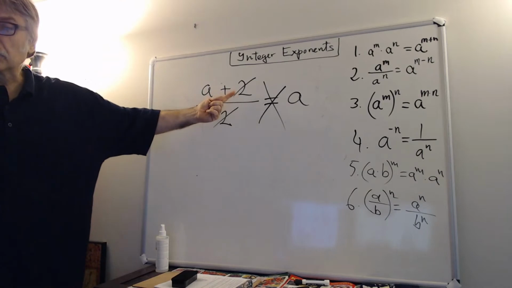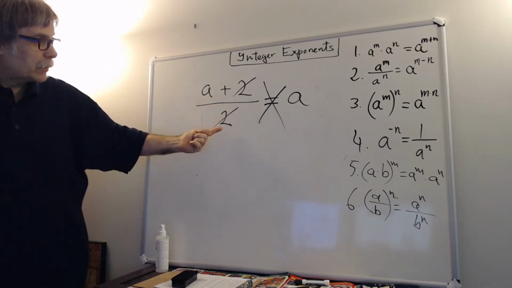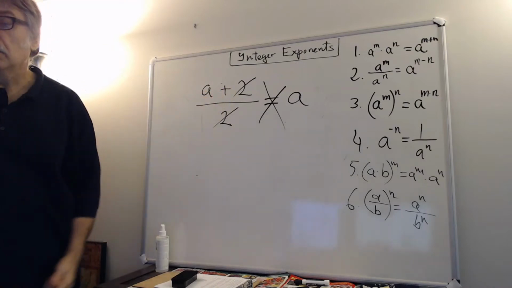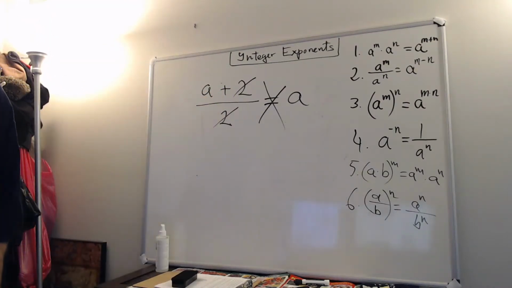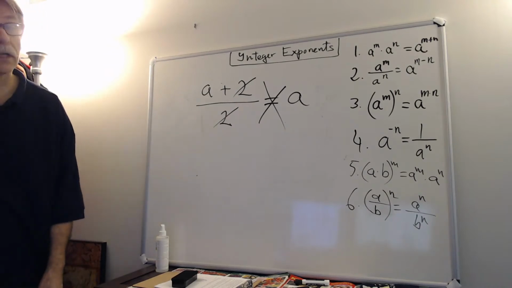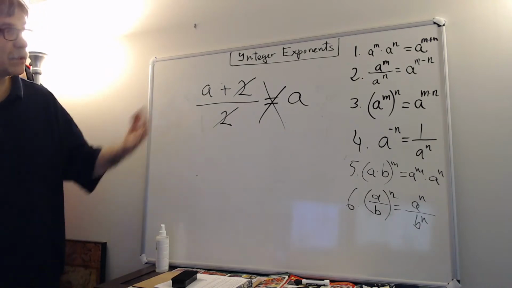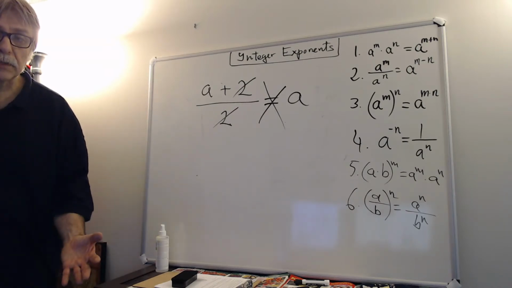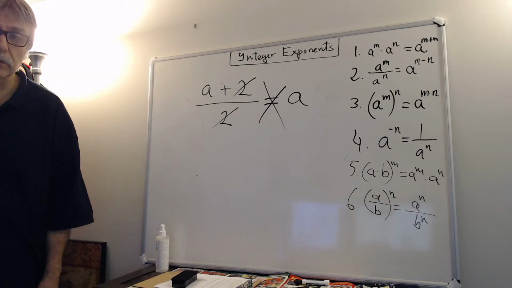So this is not a factor. So you have a factor and something that is not a factor. And even though it's common, you don't have a common factor. You have common something, but it's not a factor, which means you can't cancel it. You cannot cancel something that is not a common factor. So you got to remember that.